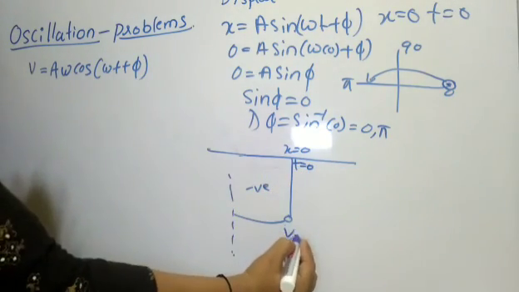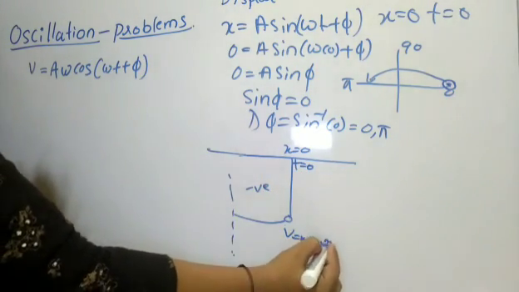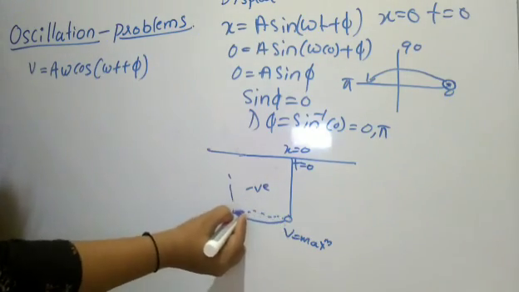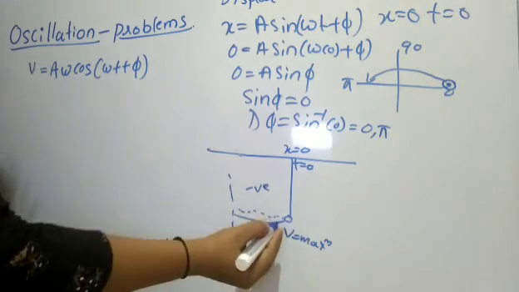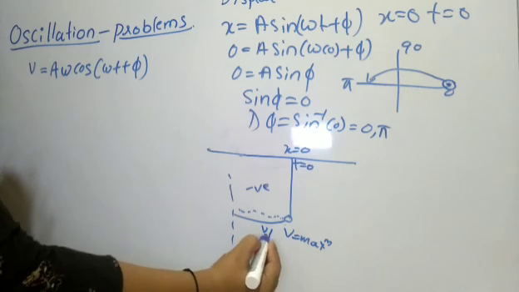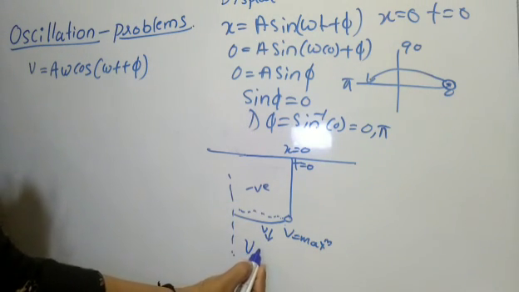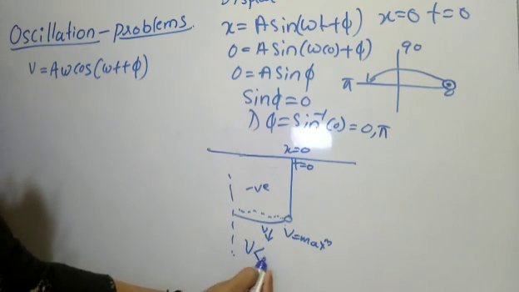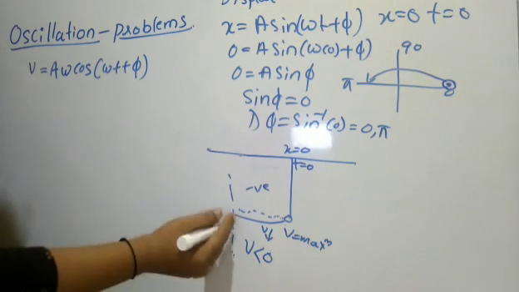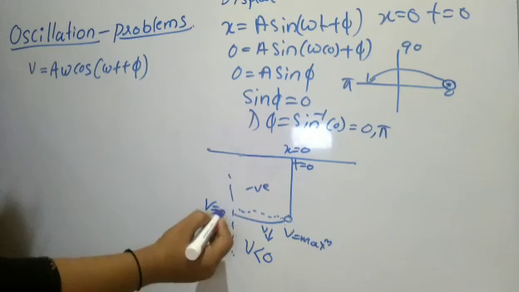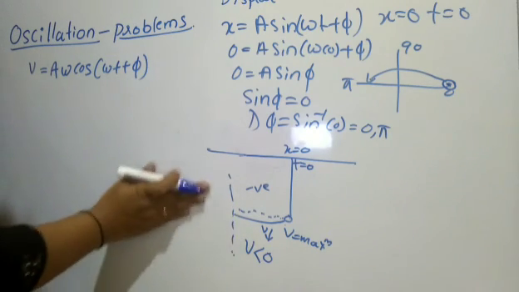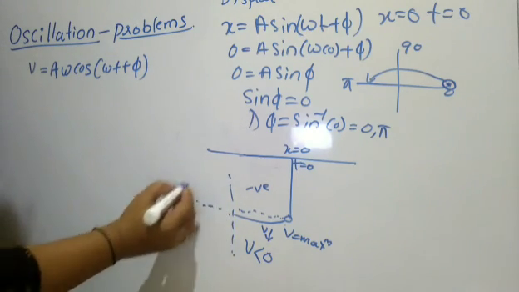Then what we have to do here: it indicates velocity is a maximum at the mean position. As it moves, in either the positive or negative direction, velocity is going to decrease. That means velocity is less than 0. Velocity is going to be 0 at the extreme position, but the body has not reached the negative extreme position.